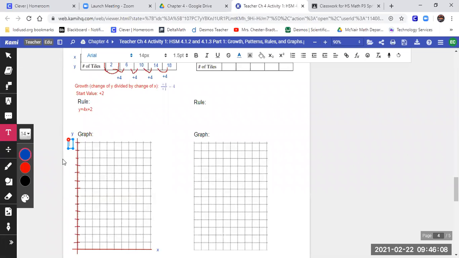That looks like 28 to me. Yep, 28. Because we have to count them all, right?